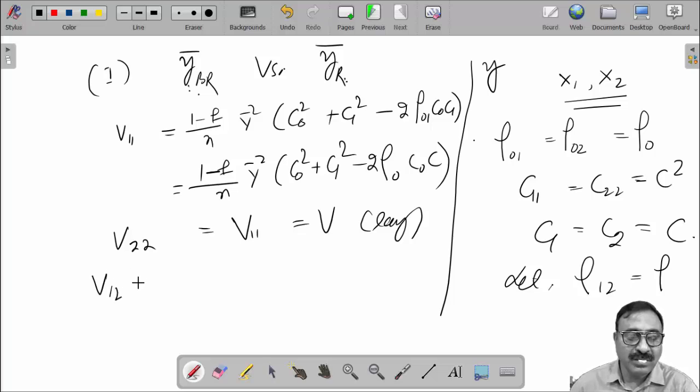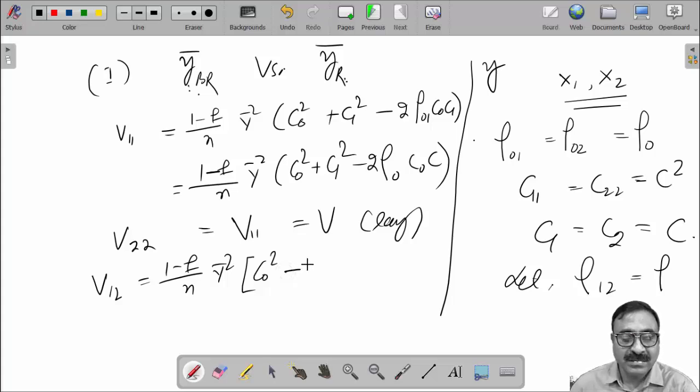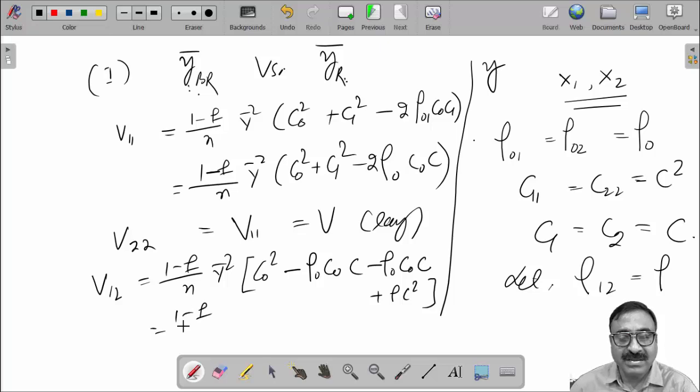Now V12 is equal to 1 minus f by n Y bar square into C0 square minus rho 0 C0 C minus rho 0 C0 C plus rho C square, that is equal to 1 minus f by n Y bar square into C0 square minus 2 rho 0 C0 C plus rho C square.